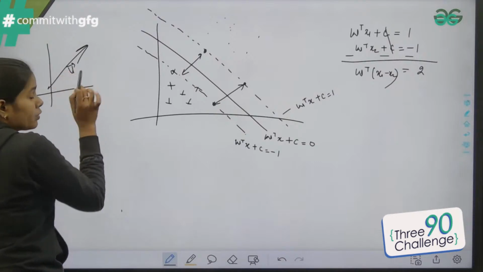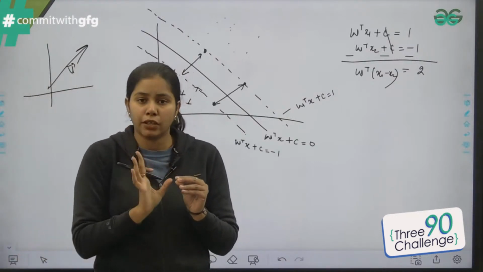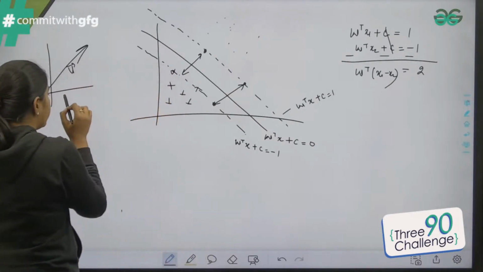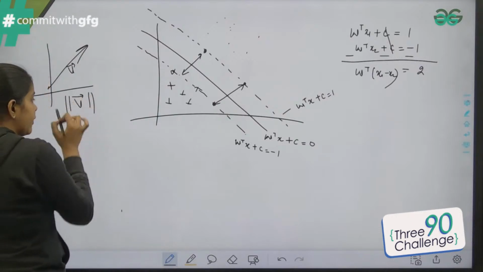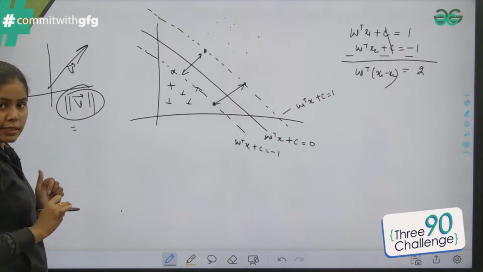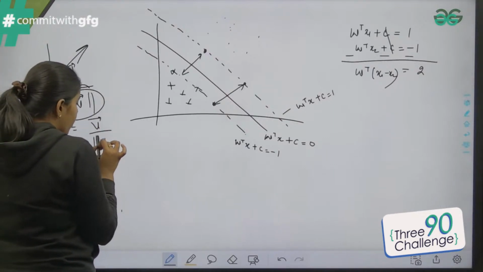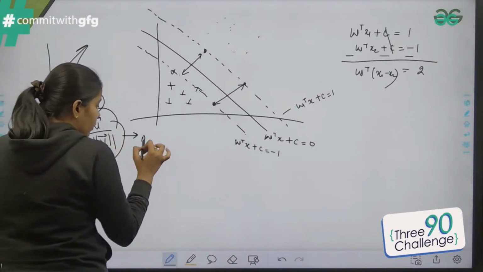Every vector has some direction and some magnitude value. That means how much value this vector holds, and we denote that magnitude by the norm of v. If I find the norm of v vector, it would give me the length of this vector, and if I divide v vector by norm of v, I'll get only the direction.